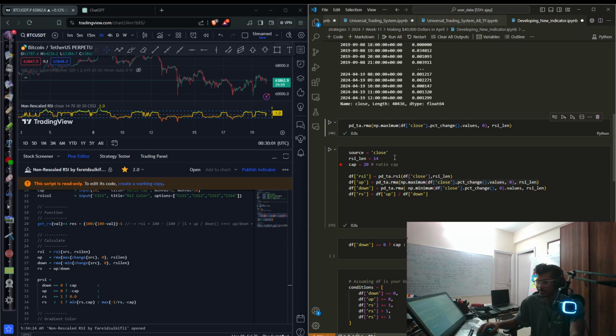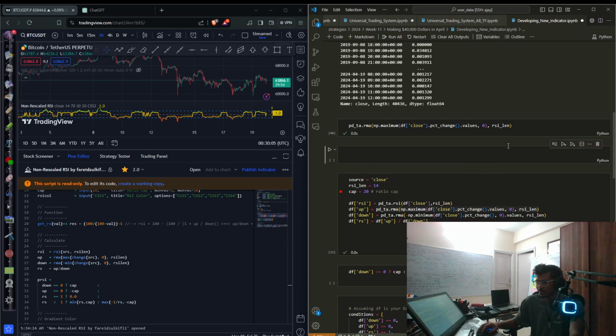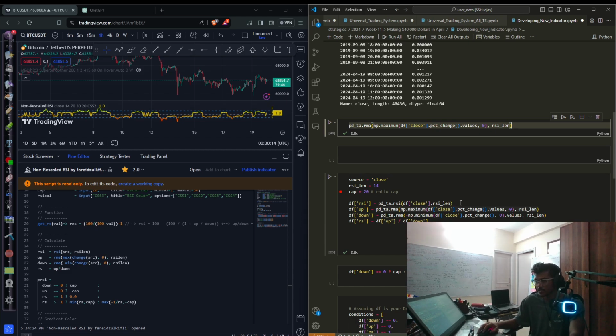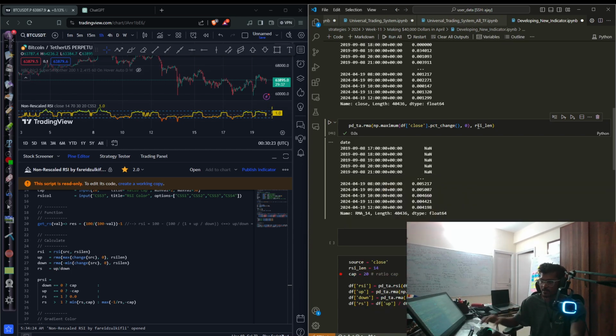What? Why am I not getting anything? Okay. So if I do not do values, then I will get the data set.